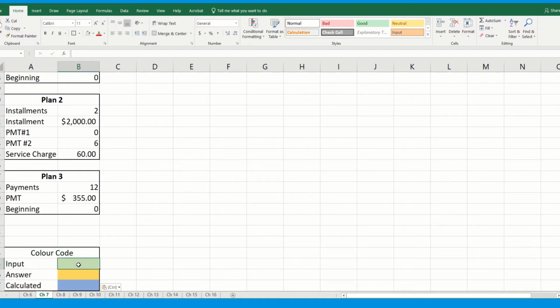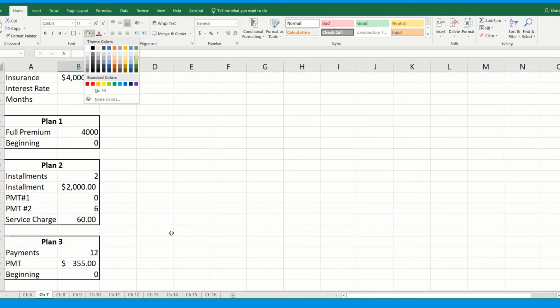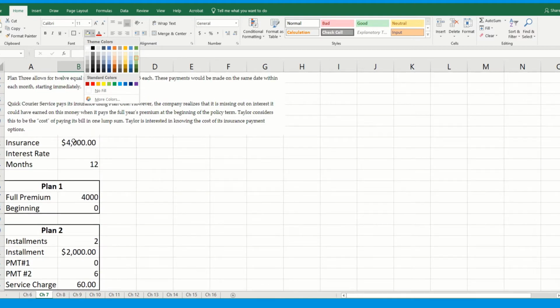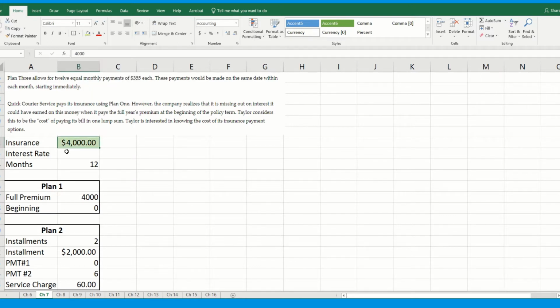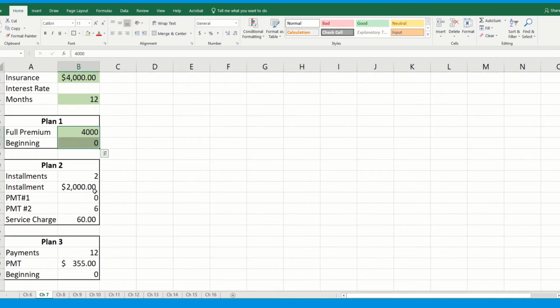And we now know, okay, so far the input is green, just to make sure I know which green it is. So I have some input cells here that I did an input on. So I obviously did insurance input on that one. And I did it on that one. I did the premiums, there was an input cell. My installments I did an input cell on.